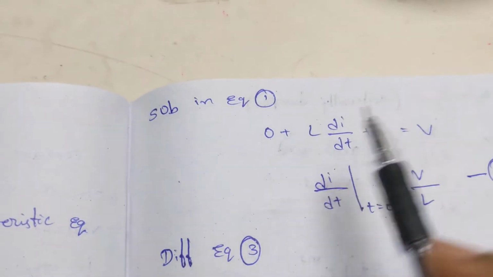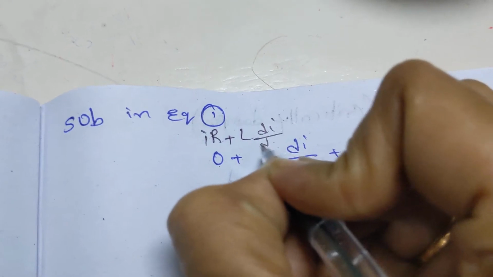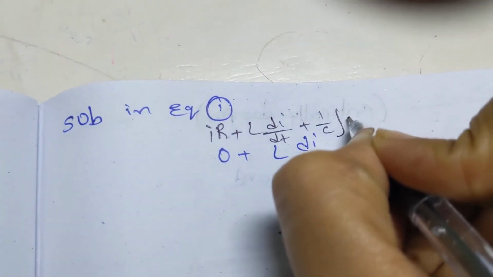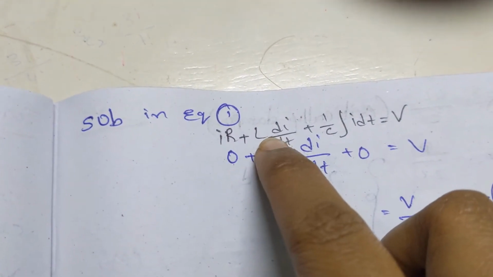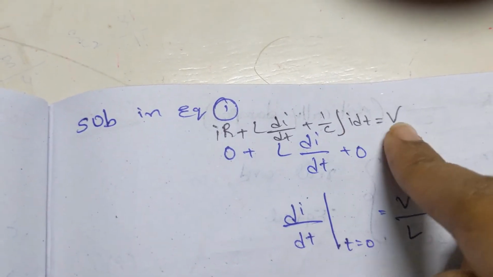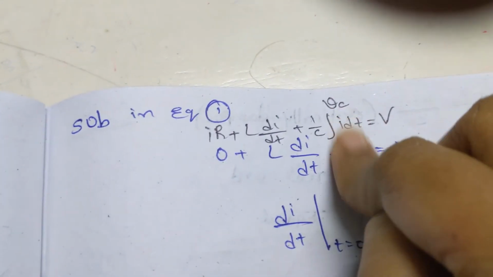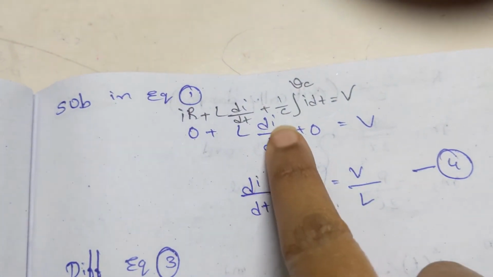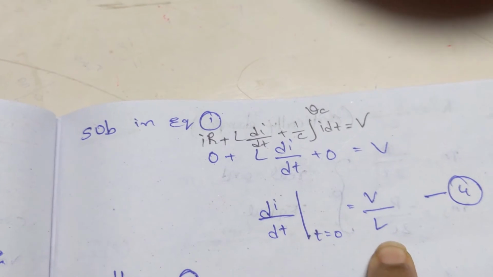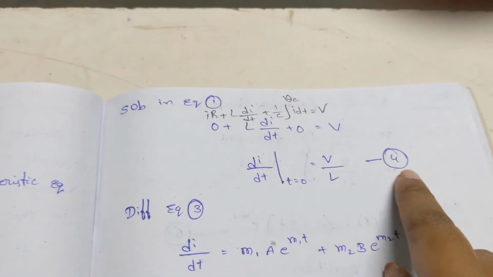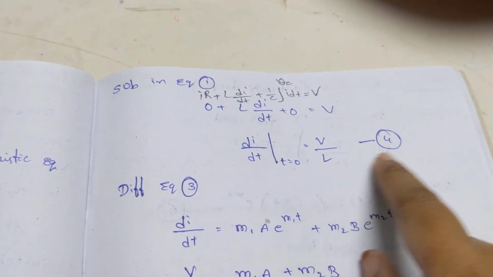I is 0, so here I will write IR plus L di by dt plus 1 by C integral I dt equals V. I is 0, so L di by dt plus this integral, which is nothing but the voltage across your capacitor VC, which is also 0, equals V. Then the first order derivative di by dt at time t equals 0 is nothing but V by L.